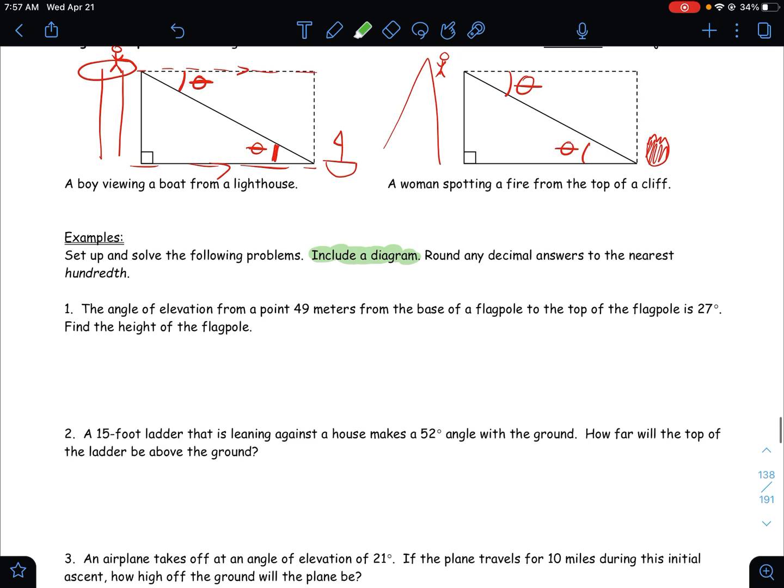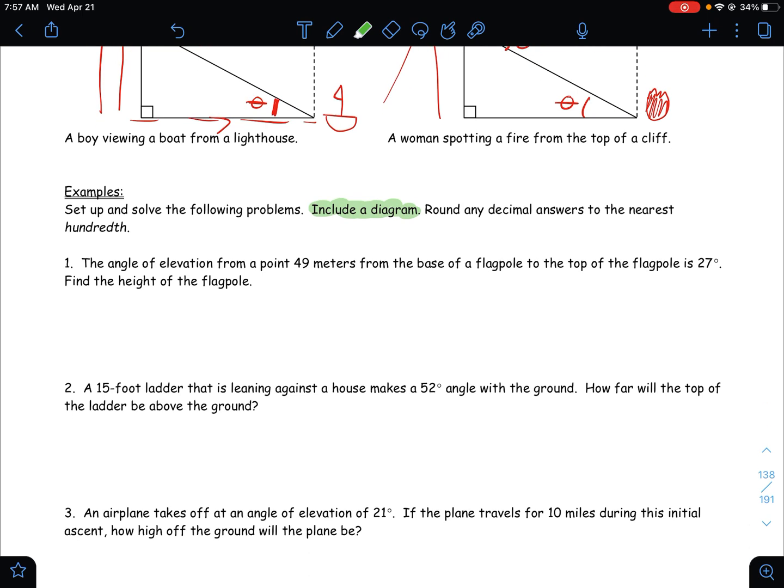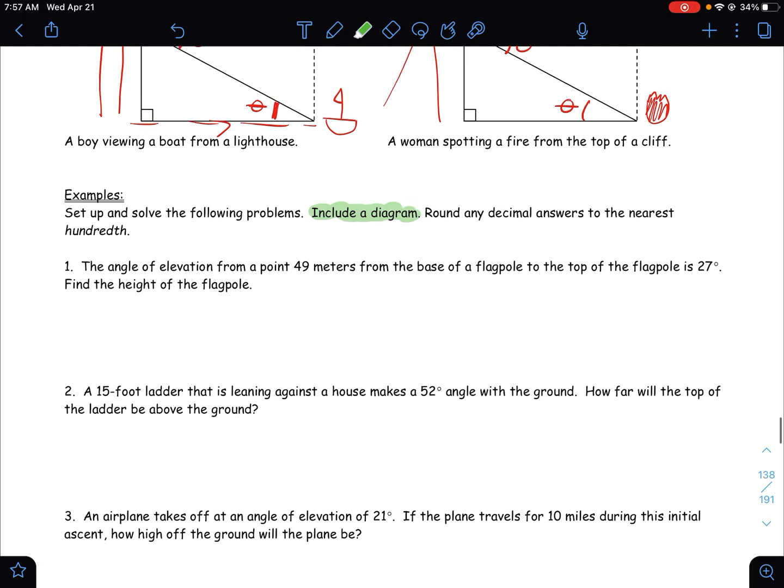So for number one, it says the angle of elevation from a point 59 meters from the base of a flagpole to the top of the flagpole is 27 degrees. Find the height of the flagpole. So let's go ahead. I'm going to draw my flagpole here. So that's our flagpole.